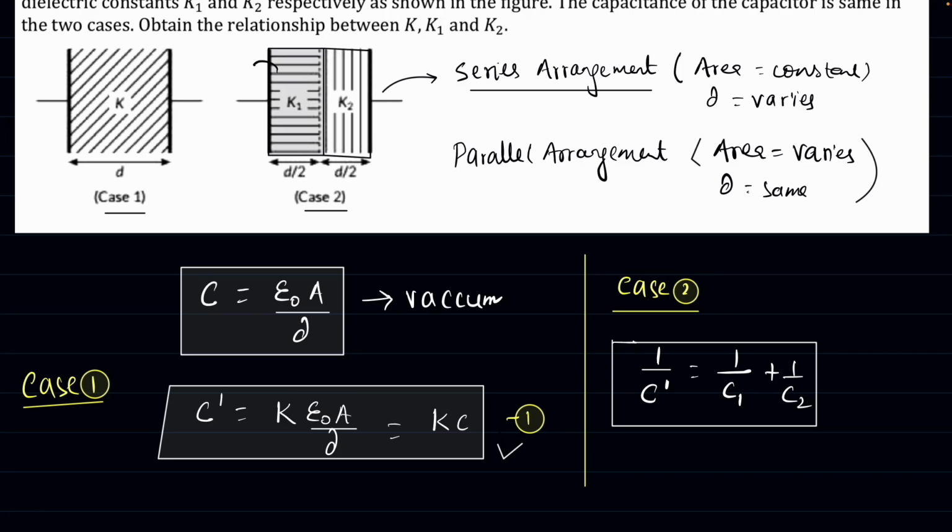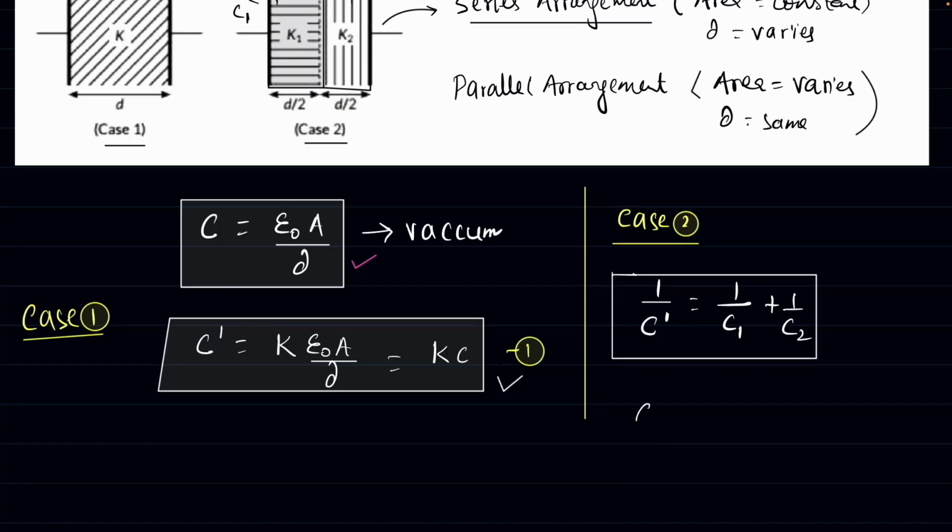So here this is our C1 and here it is C2. And the capacitance formula we know is epsilon naught A by d. So what is the value of C1? C1 is equal to K1 epsilon naught A by d by 2. This thickness is half here, this is d by 2.